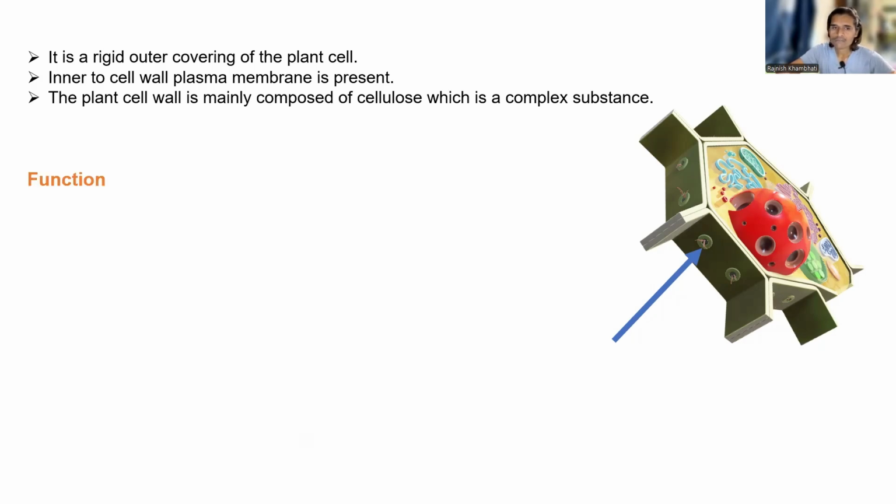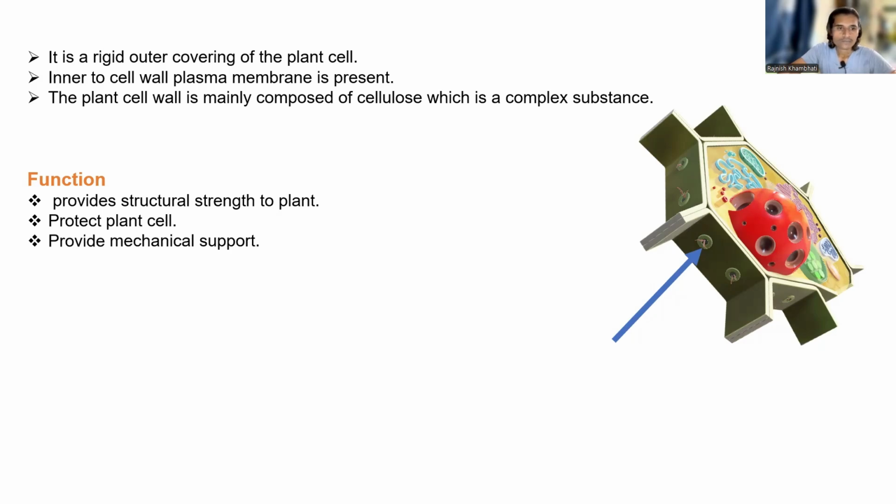What is the function of the cell wall? It provides structural support and strength to the plant. It will protect the plant cell, like we just saw in the plasmolysis video. It is not letting the cell shrink. It is providing mechanical support. Same example, plasmolysis. It will give shape to a cell.